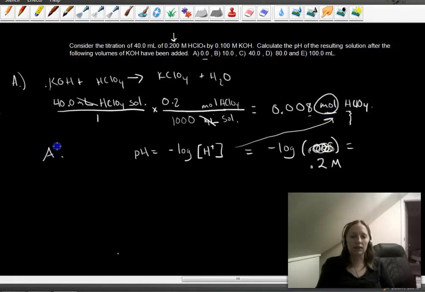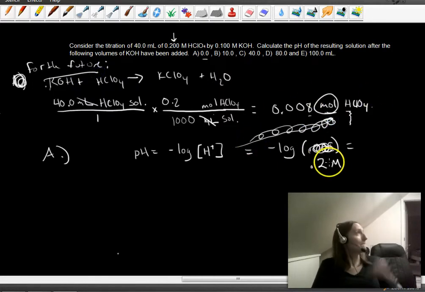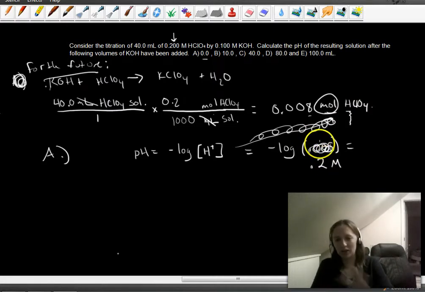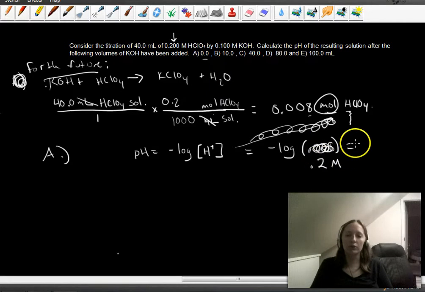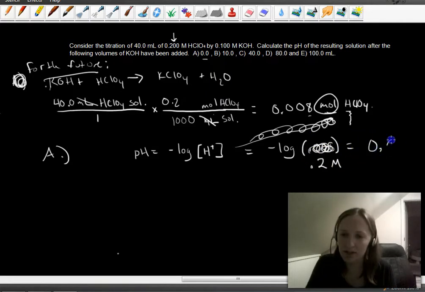This is A. We need the negative log of 0.2 molar, because it's the negative log of the H plus concentration, not the number of moles. So negative log of 0.2 is 0.699. That is the pH.